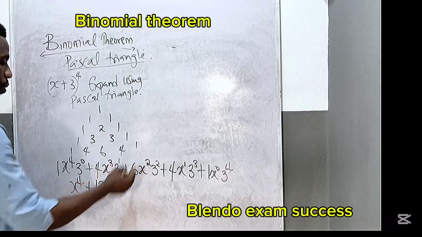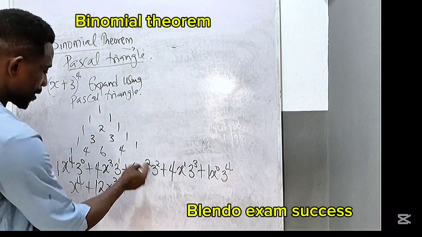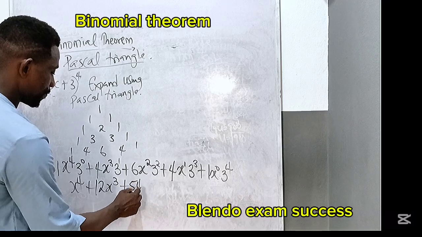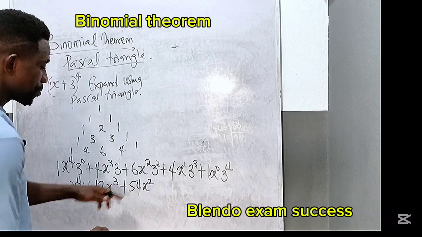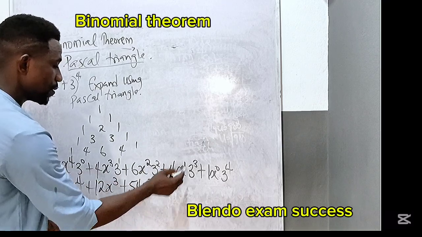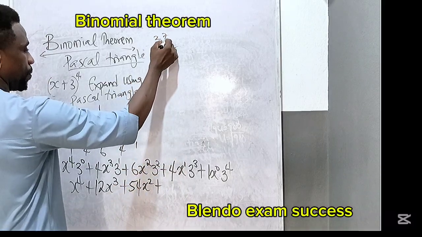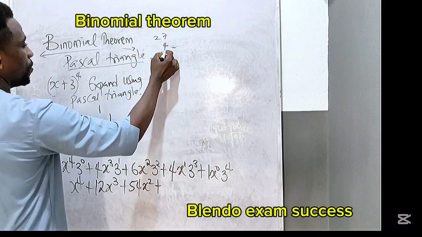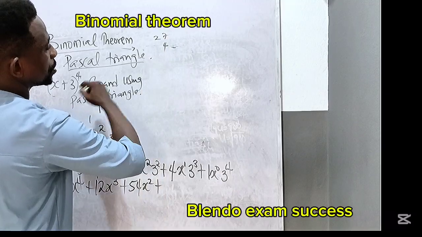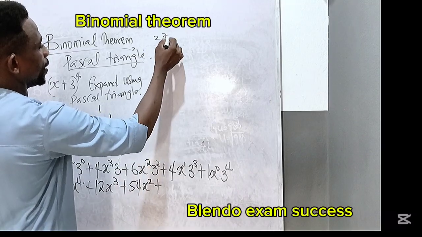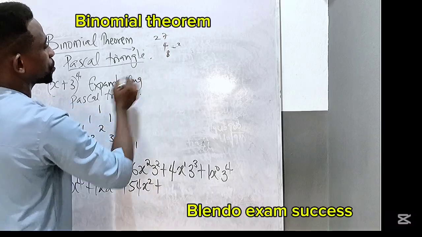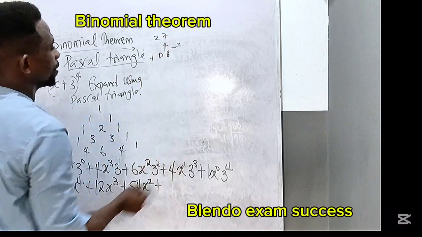Plus 3 squared is 9, and 9 times 6 is 54, so 54x squared. Plus 3 raised to the power 3 is 27, and we multiply it by 4. 4 times 7 is 28, you write 8, carry 2. 4 times 2 is 8 plus 2 is 10, so 108.